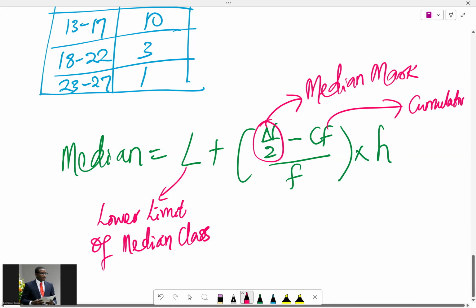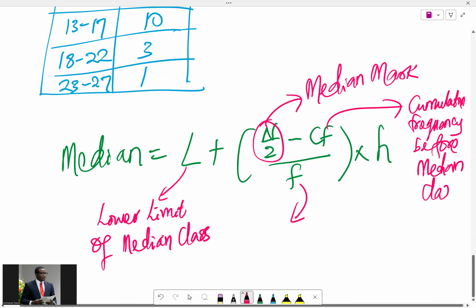When we say something is cumulative, it means it is adding up. So you have frequency and then you have cumulative frequency. This is the cumulative frequency before the median class. Everything refers to the median class, so we have to first identify that. n over 2 helps us identify where the median class lies.